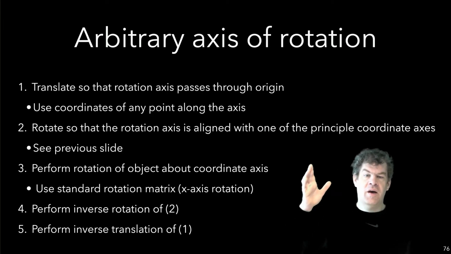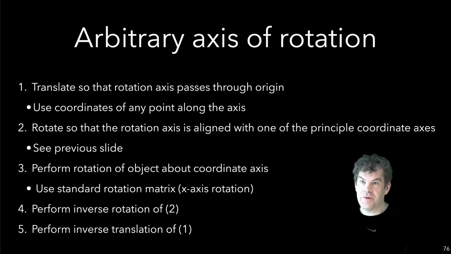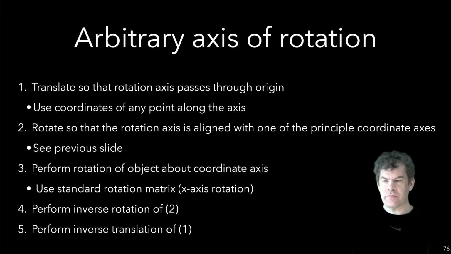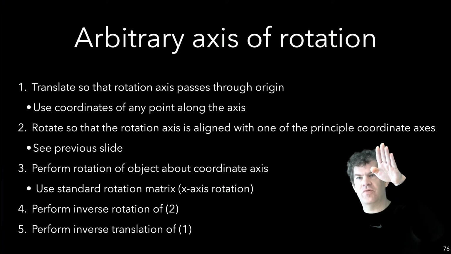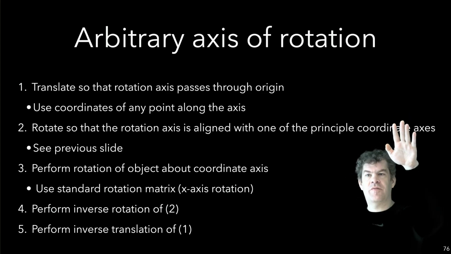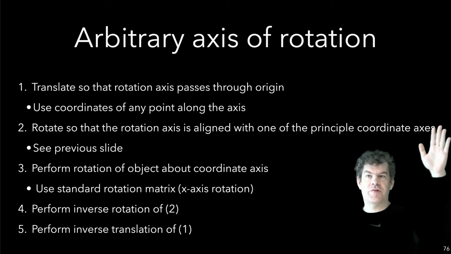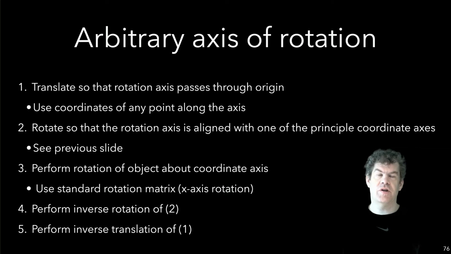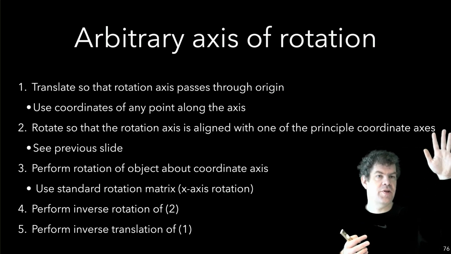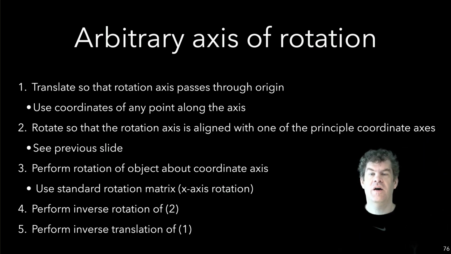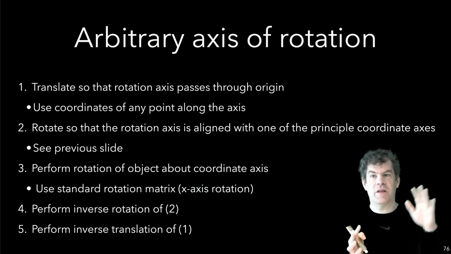Okay, how do I use that for an arbitrary axis of rotation? If I have an arbitrary axis of rotation, first of all, this axis might not be in the origin. So I first translate everything into the origin. How do I do this? Well, I just pick one point on the axis and shift everything. I haven't talked about translation so far, but let's just say we get this done.